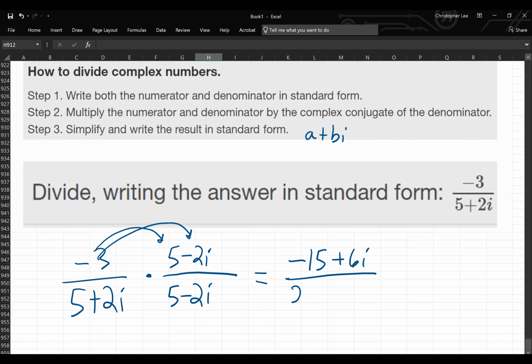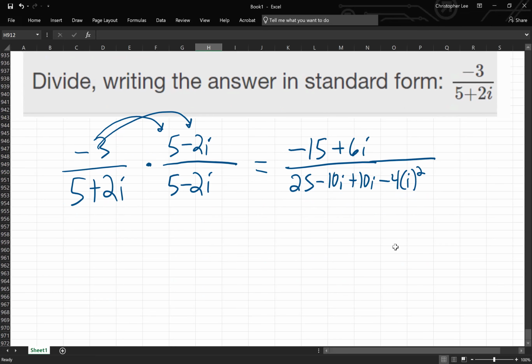On the bottom, we're gonna have 25 minus 10i plus 10i, and then minus 4i squared, right? i squared we know is going to turn into negative 1. So this is going to become negative 15 plus 6i over 25.